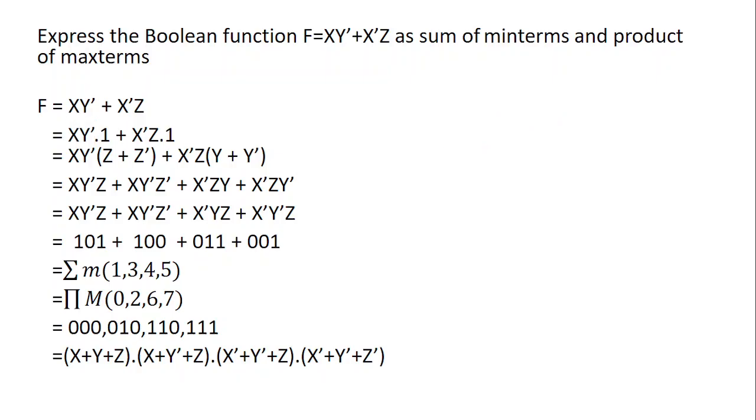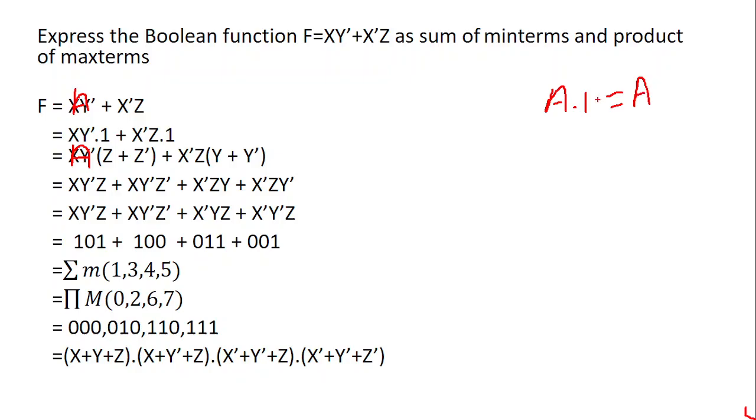Assume that these two variables together you call them a. So this term together you call it a. You know very well a dot 1 is equal to a. This is the identity.